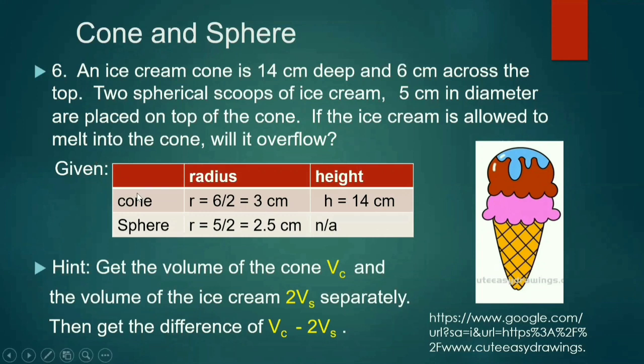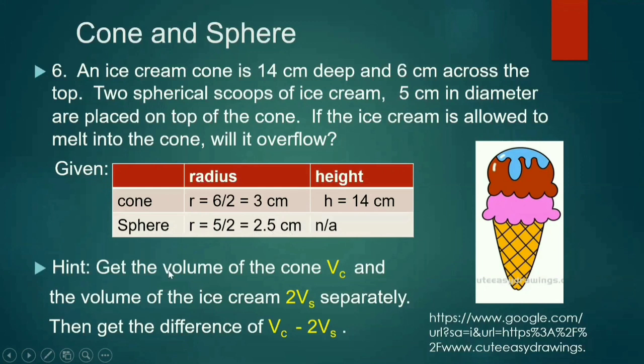So the given is the diameter of the ice cream cone. So we get the radius from there. We divide the diameter by 2 to get the radius. So we have the radius of the cone is 3 centimeters, and the radius of the sphere is 2.5 centimeters.